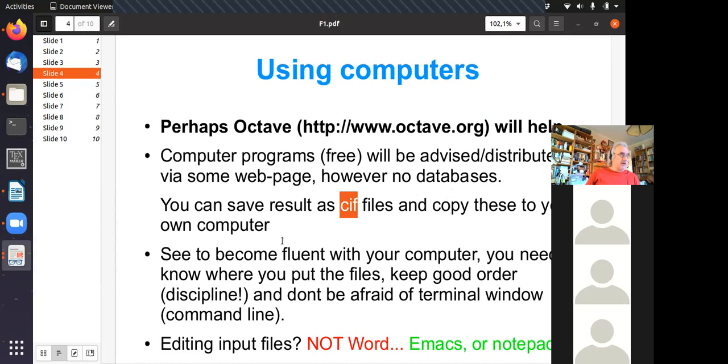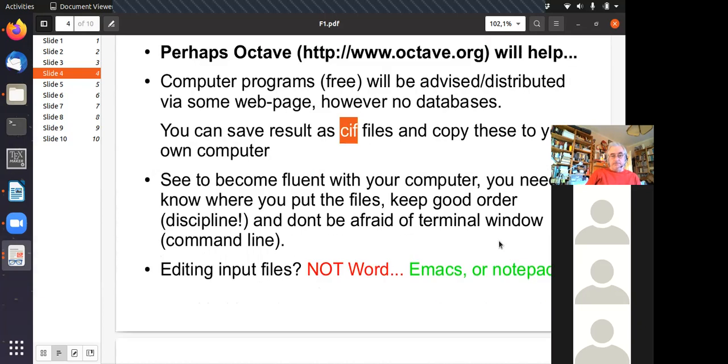Don't trust that connections to internet sites will be stable. If you produce some intermediate results, see to it that you copy them to your own local computer or to some cloud area that you trust well. So, editing input files: please don't try to use Word or something like that.